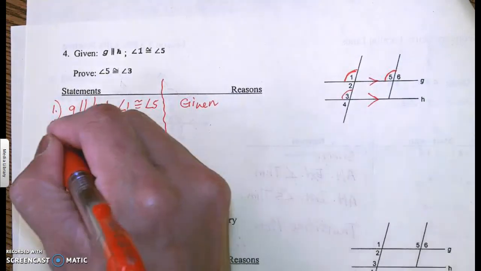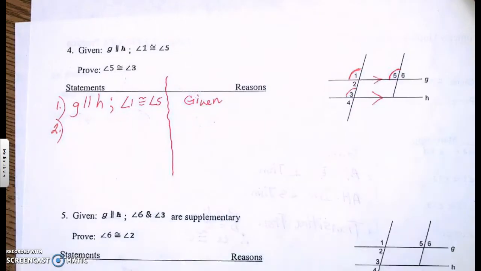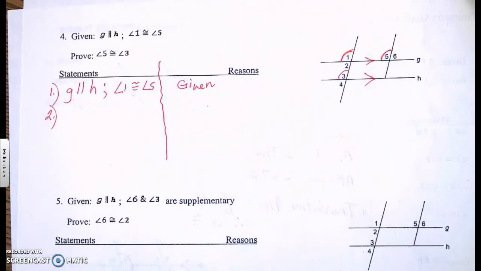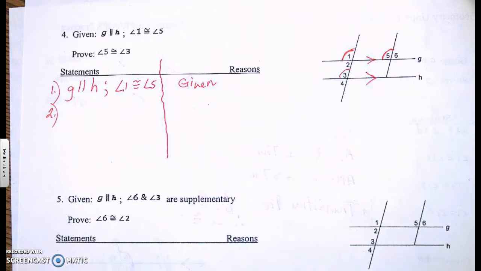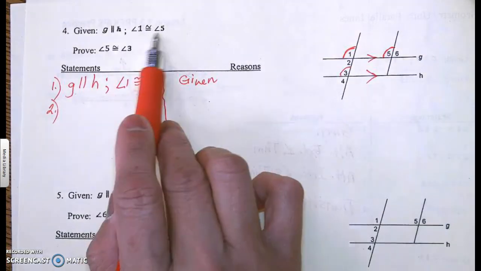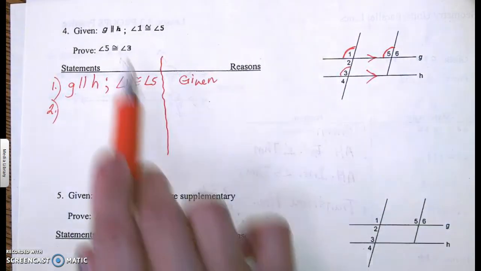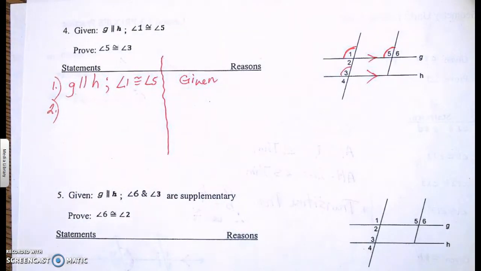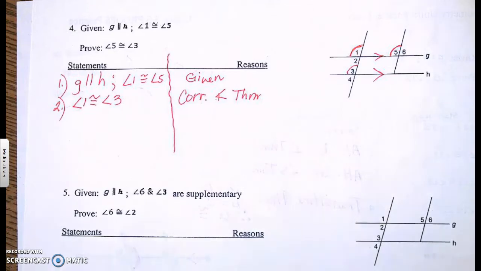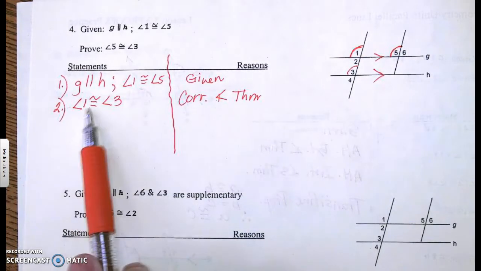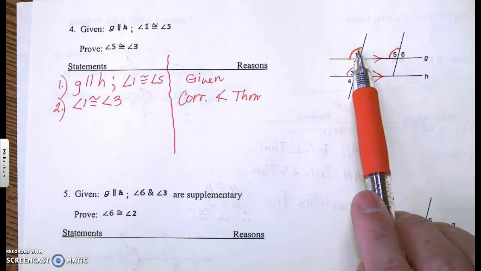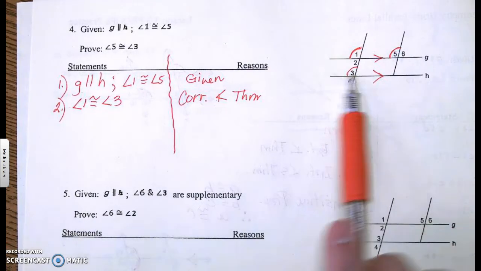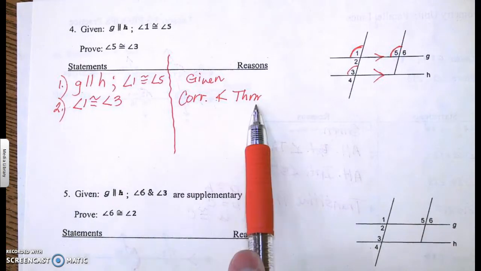Okay, I'm now going to number this, but I'm going to give you a while to think about how this can help us prove that angle 5 is congruent to angle 3. Think about it for a little bit. So very good. Your next statement should be that angle 1 is congruent to angle 3 with the reason of corresponding angle theorem.